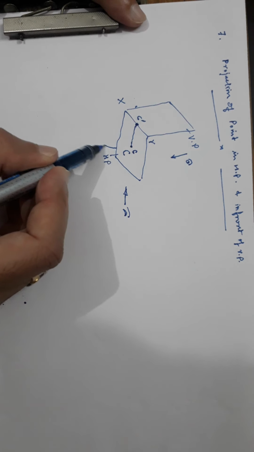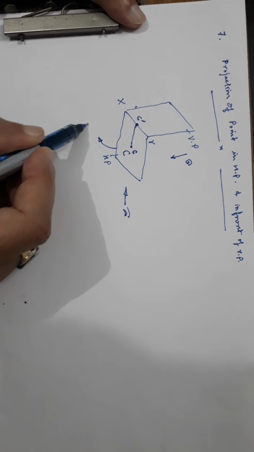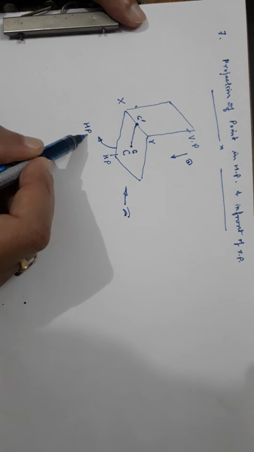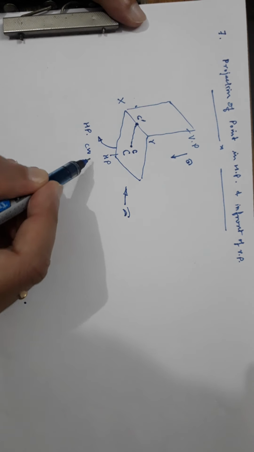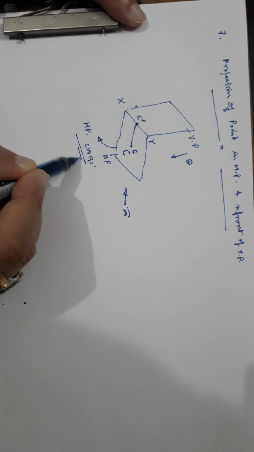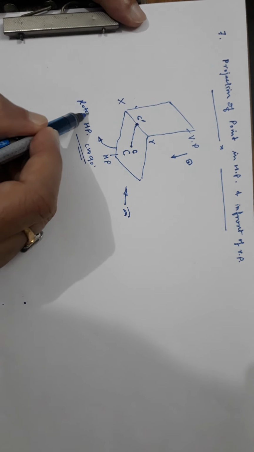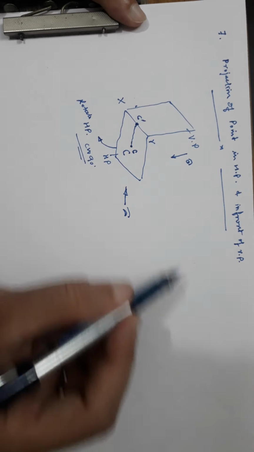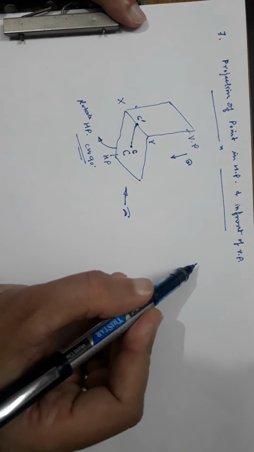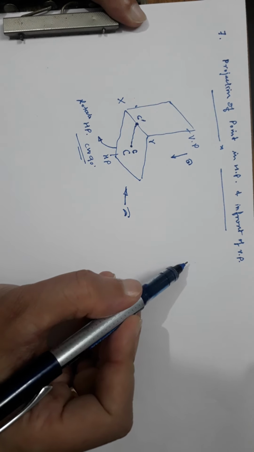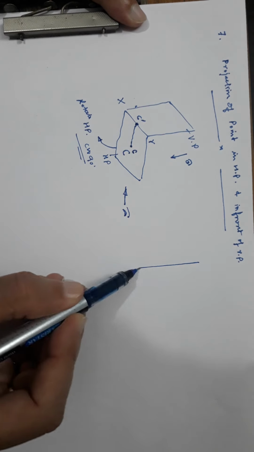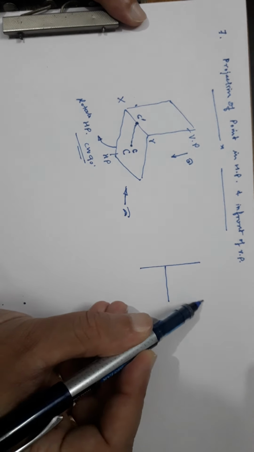Now you have to rotate HP as per the rule, clockwise 90 degrees. What will happen? Both VP and HP become coplanar but separated by the XY line.